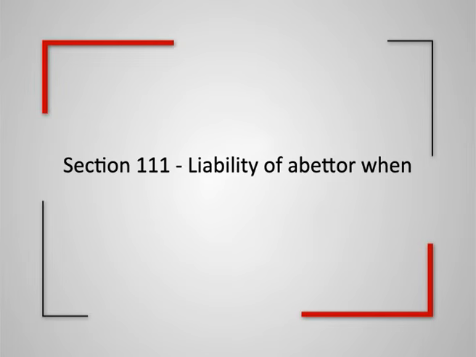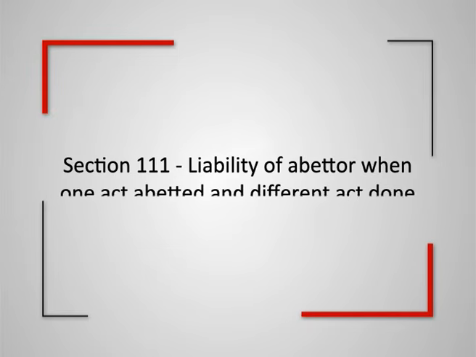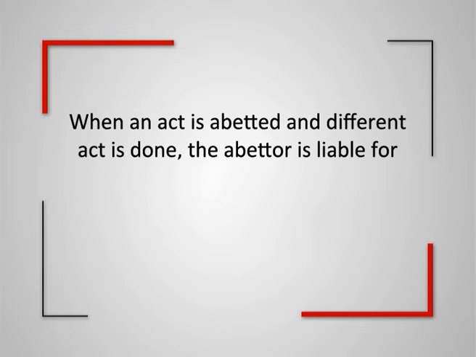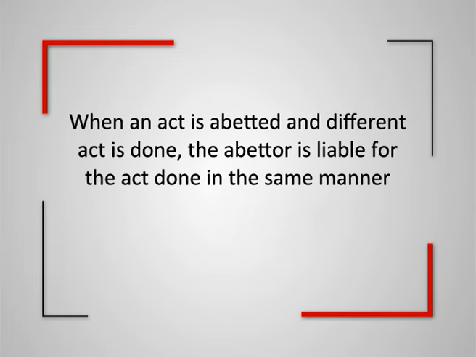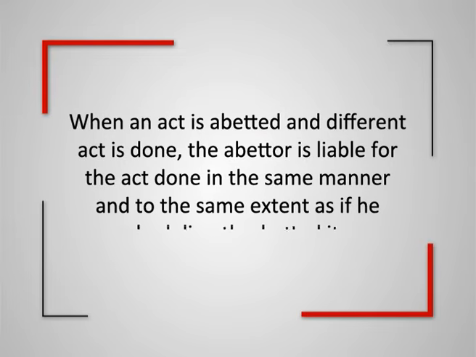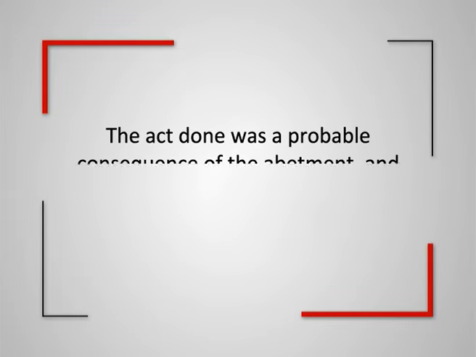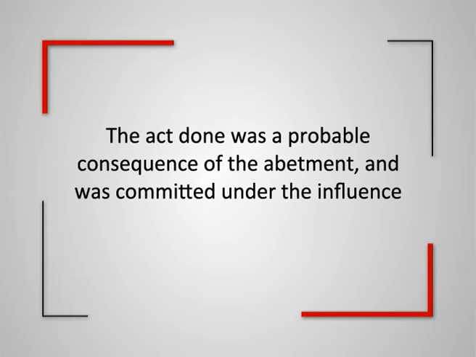Section 111. Liability of abettor when one act abetted and different act done. When an act is abetted and a different act is done, the abettor is liable for the act done in the same manner and to the same extent as if he had directly abetted it, provided that the act done was a probable consequence of the abetment and was committed under the influence of the instigation.